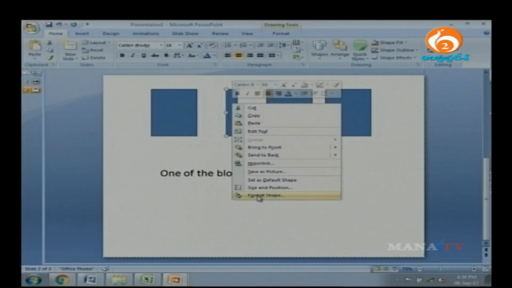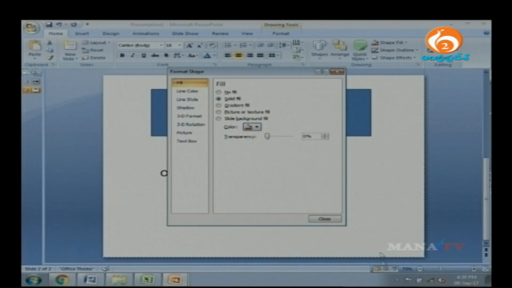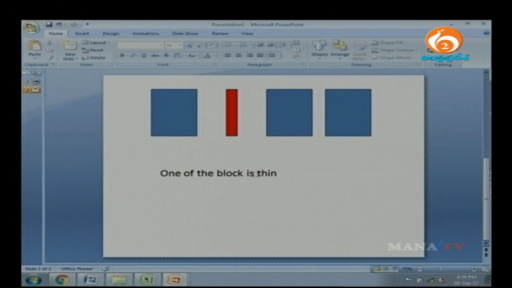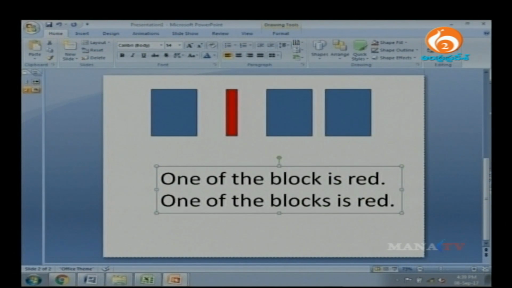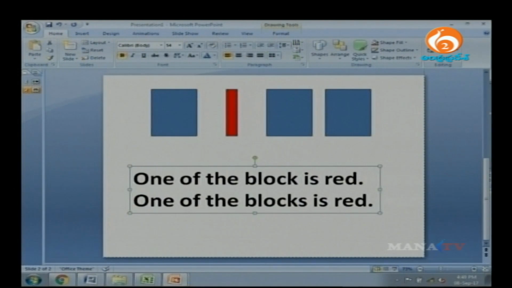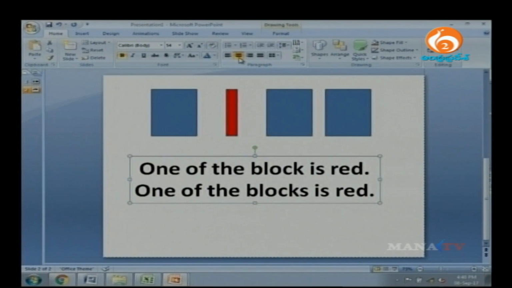Let me make it simpler for you. Okay. So, these are the 2 sentences that you have. Now, you need to tell me which one is the correct option.